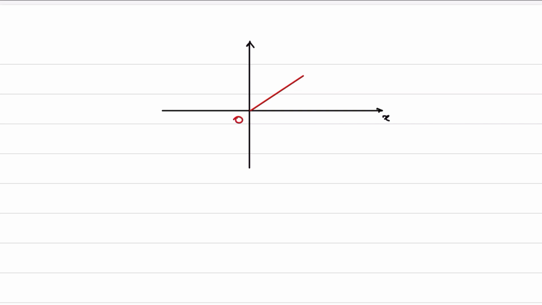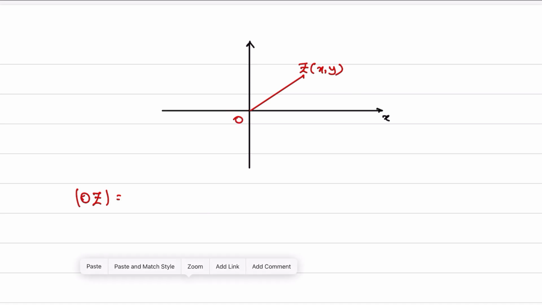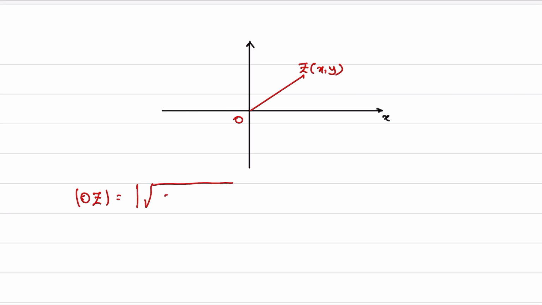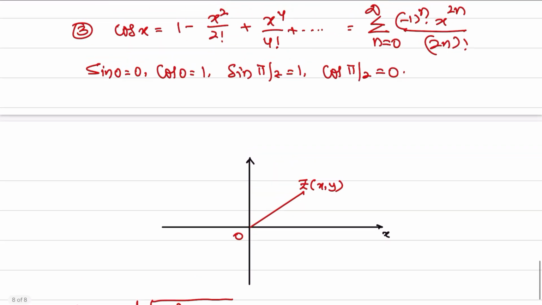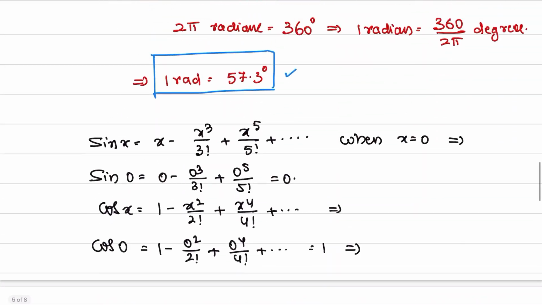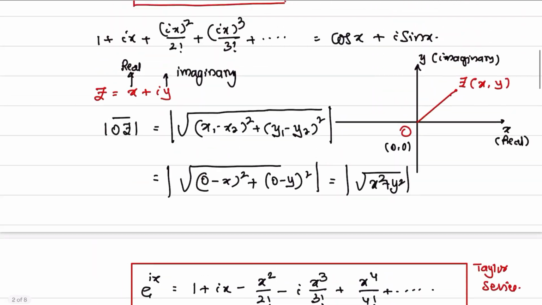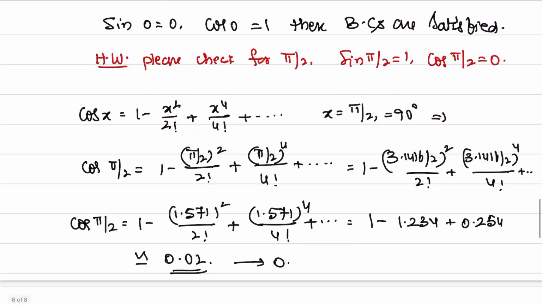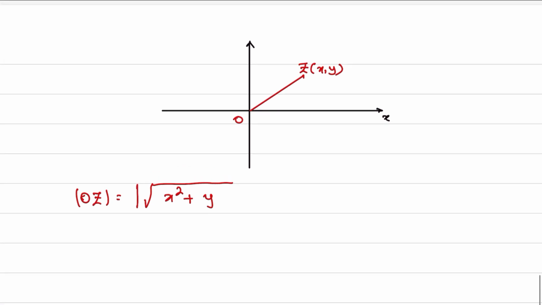This is 0, this is z, x y, and OZ is equal to square root of x square plus y square. That is the magnitude of that line.